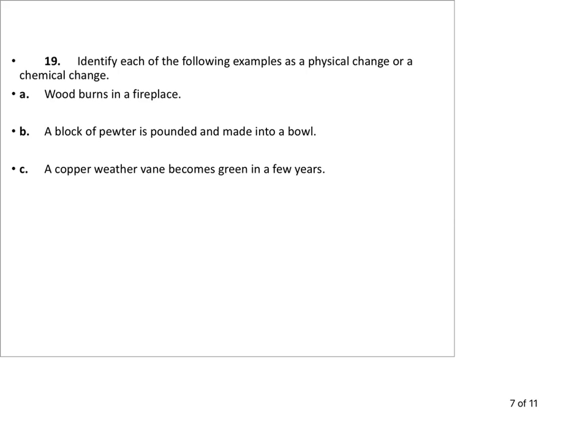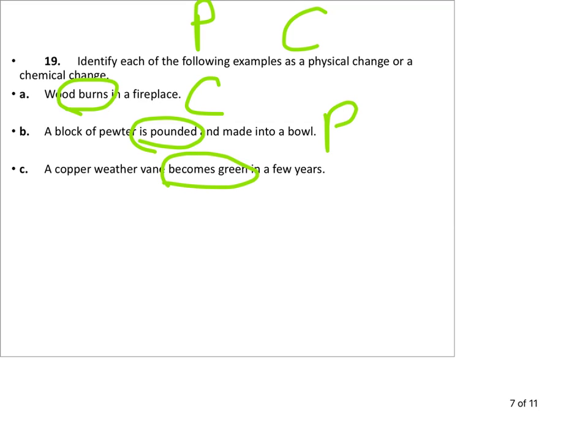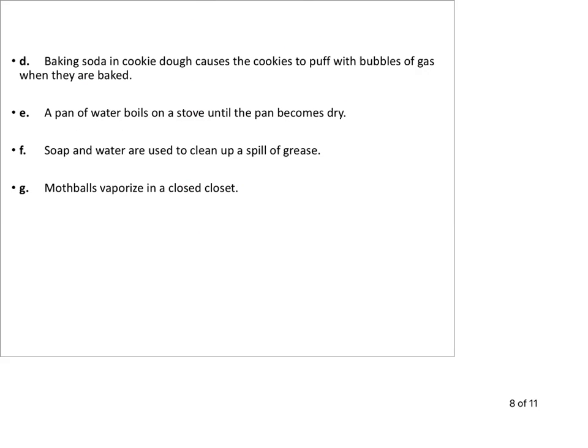And physical change, chemical change, we'll just do a P or a C here. Wood burns: burn, chemical. Keywords. Pounded: physical, doesn't change the composition. Becomes green: an indication a chemical change is happening. Baking soda in cookie dough causes cookies to puff with bubbles of gas when they're baked.